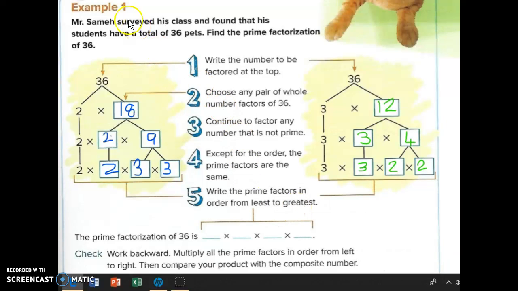So let's write it from least to greatest. There you go. The prime factorization of 36 is 2 times 2 times 3 times 3. Remember, you can stop this video anytime so that you can have time to write down all the answers in your book.